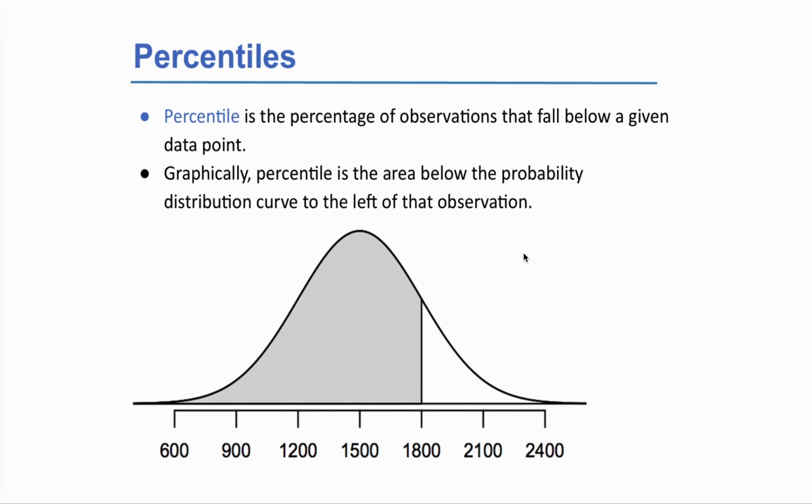The percentile is the percentage of observations that fall below a given data point. Graphically, percentile is the area below the probability distribution curve to the left of that observation. Right? So it's all this shaded area. The percentage of the observations that are below a certain point.